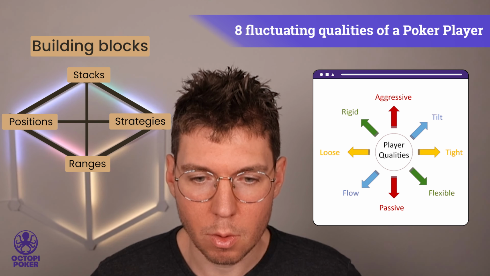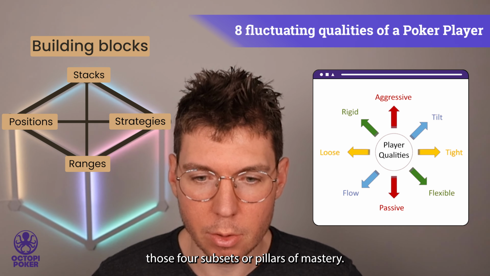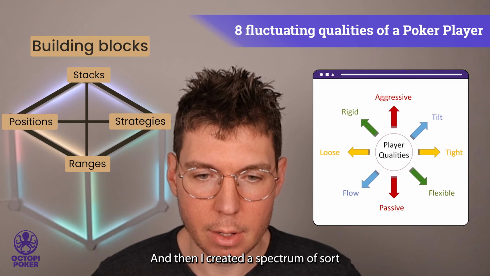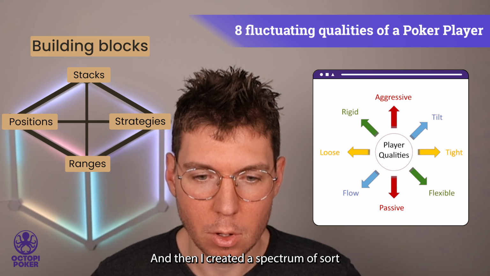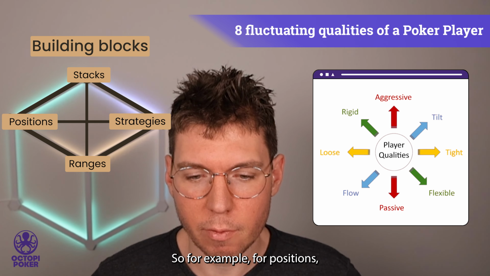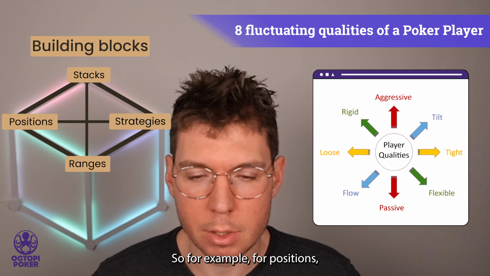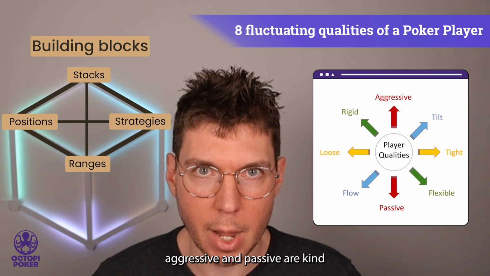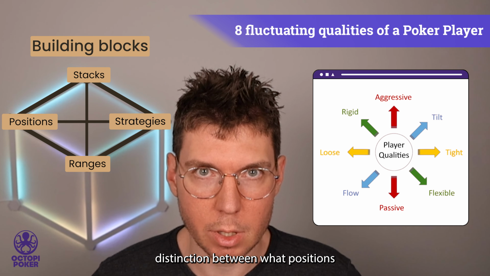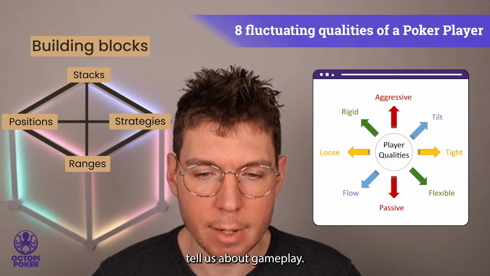So I basically took those four subsets or pillars of mastery, and then I created a spectrum of how they materialize in actual gameplay. For example, for positions, aggressive and passive are the natural distinction between what positions tell us about gameplay.